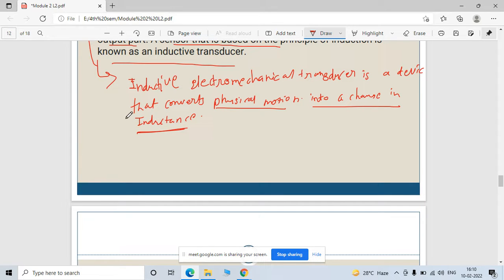These transducers are the variable type of inductance transducers, and they work on two basic principles.